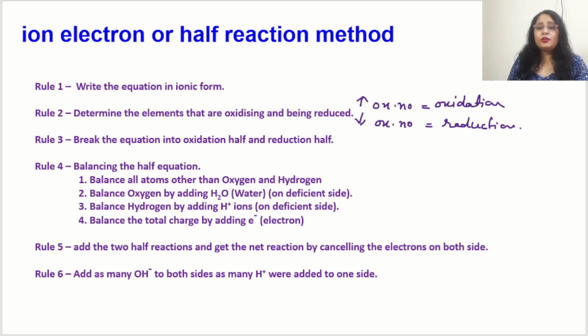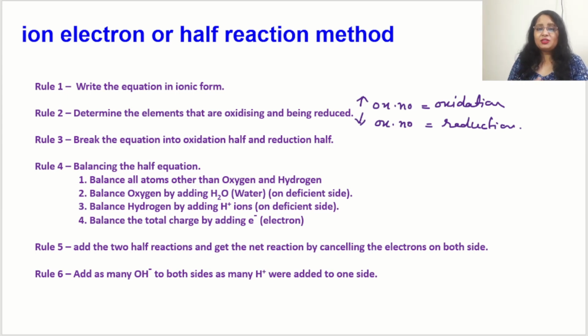The quantity of OH ions will be the same as the H plus ions we added earlier. This is the main point for the basic medium. After that we will cancel whatever cancels and then check what we get at last. This will be our balanced reaction.